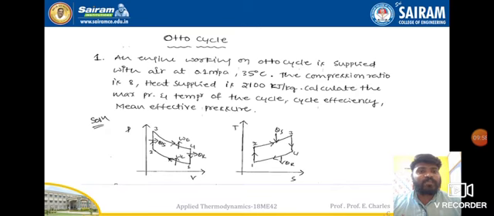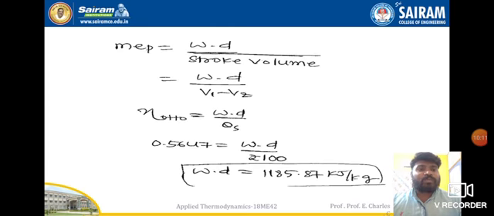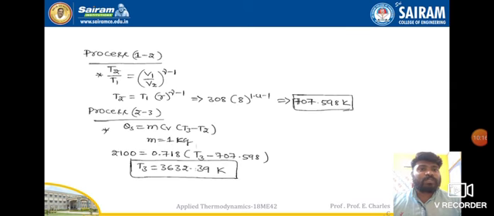So care should be taken for any numerical. Make sure that you draw the PV and TS diagram, and write the given data to avoid confusion. Then you find the work done and the mean effective pressure. Once you find the mean effective pressure, then you have to find the maximum temperature and pressure.